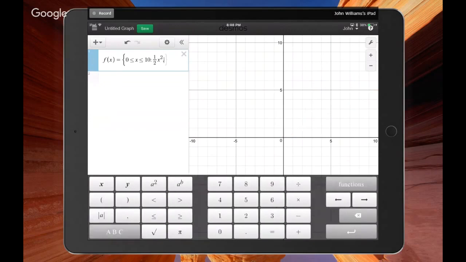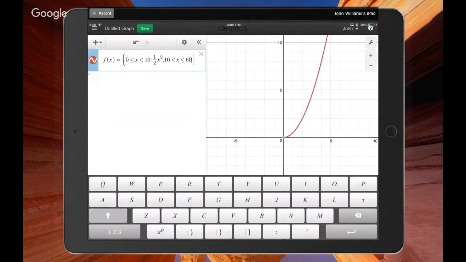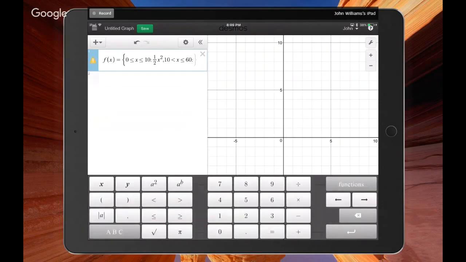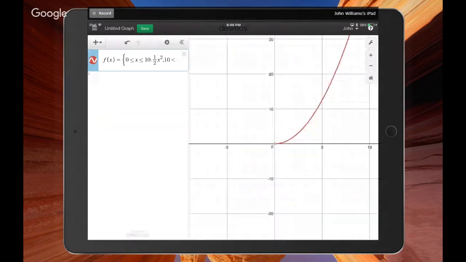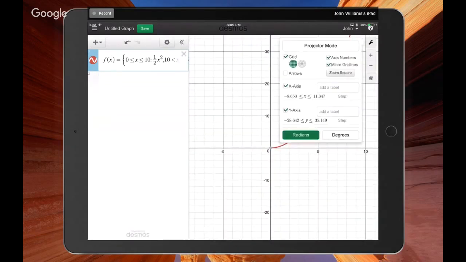Then the next section is 10 less than x less than or equal to 60, and we have 10x minus 50. Let's zoom out so we can see this.